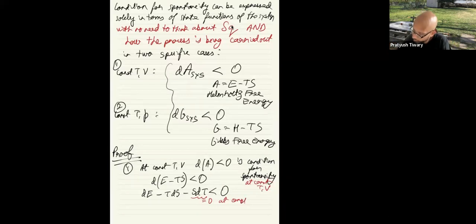So at constant T, this is going to be 0. So we have dE less than TdS, or dS more than dE by T. What should I do now?